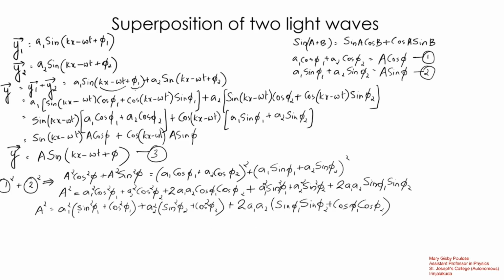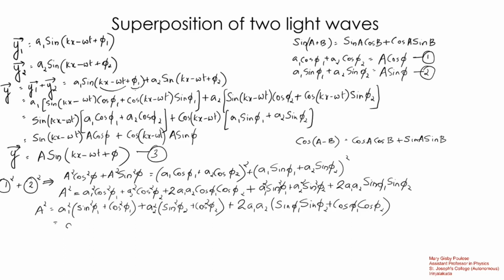Now we have the relation, cos of A minus B can be written as, what? Cos A cos B plus sine A sine B. Okay, so we can use this relation here.